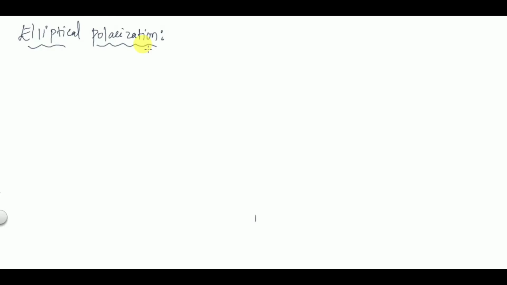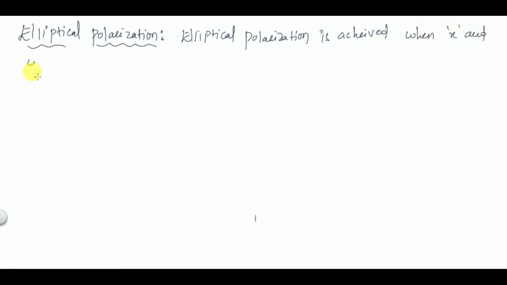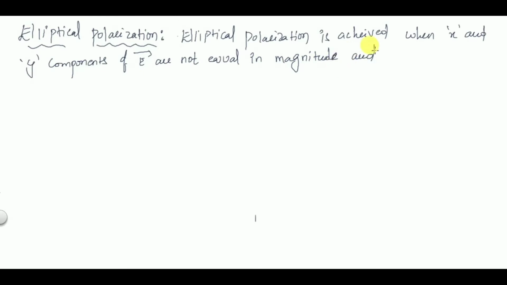So elliptical polarization is achieved when the X and Y components of E bar are not equal in magnitude, and the phase difference between them is an odd multiple of pi by 2.